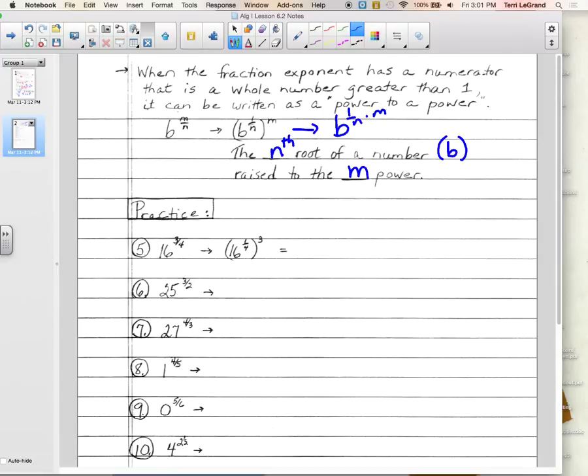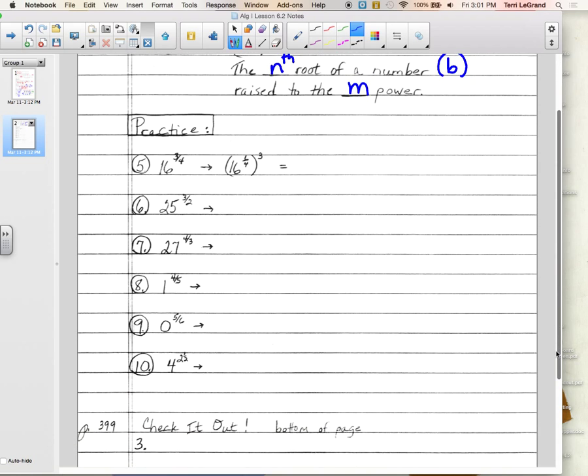So we're first going to find the nth root of our base, and then we're going to take that answer and raise it to the numerator's power. Whatever the numerator is, that's the power we're going to raise it to. So these are a little bit trickier. We have a little bit more work to do.